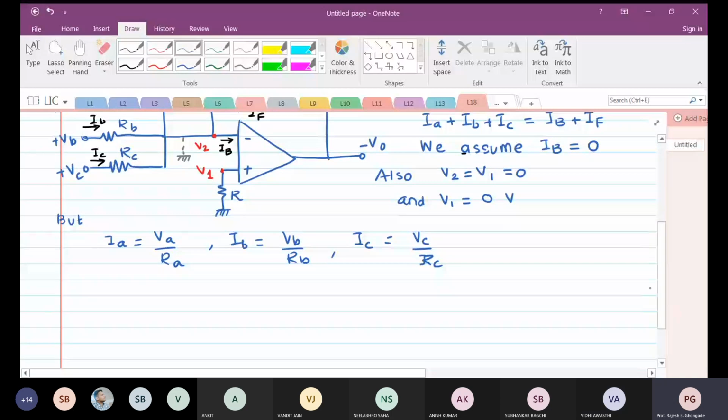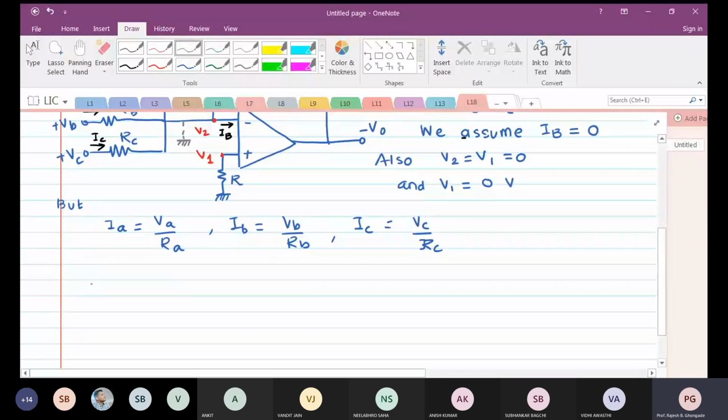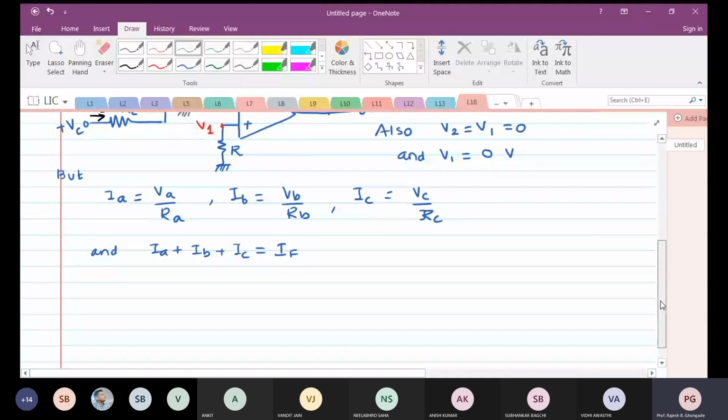So I'll write using this first equation, I'll rewrite that equation: IA plus IB plus IC equal to IF. Remember, we have already assumed that the bias current is equal to 0.